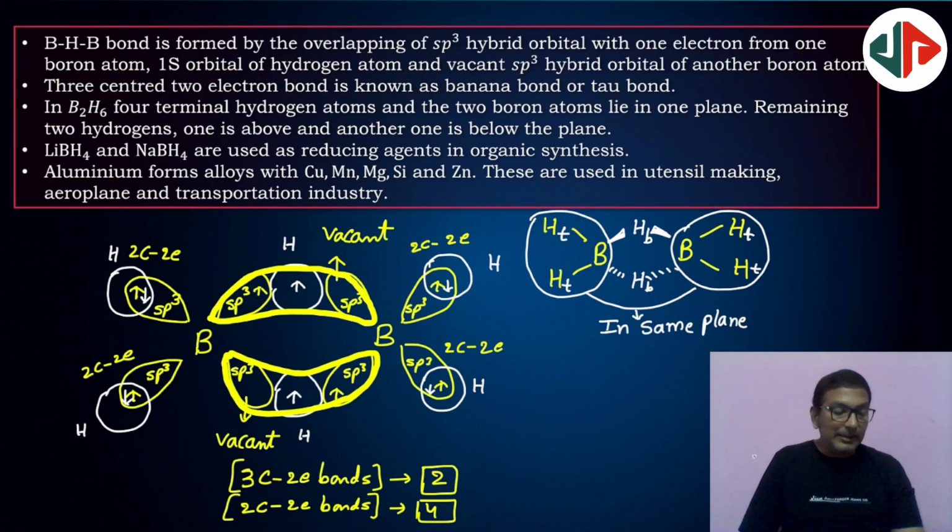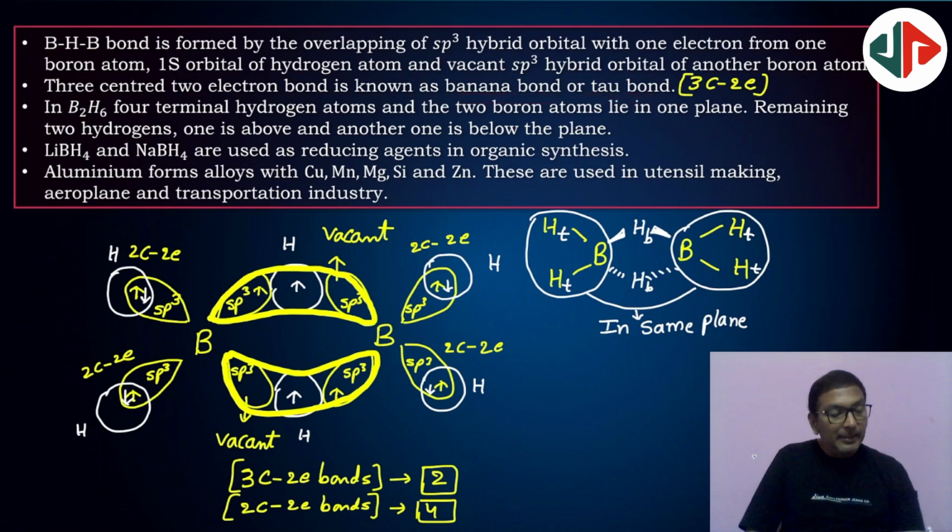Very, very important. The half-filled sp3 hybrid orbital of one boron, the 1s orbital of hydrogen, and the vacant sp3 hybrid orbital of the other boron combine to form a 3-centered 2-electron bond, which is the banana bond.